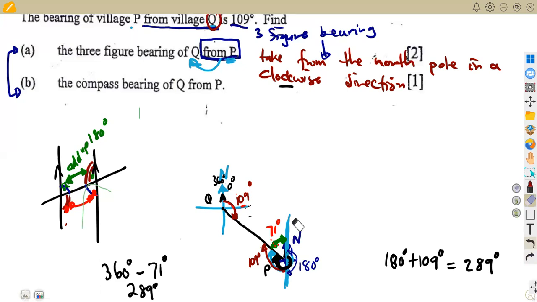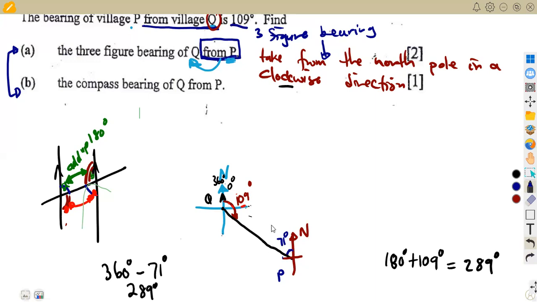So let us not forget our angle here, because there was a lot of things to consider. It's something like this: that is our North Pole, and this is our P. This angle we calculated, we had 289, but we know that this angle was 71 degrees like this.